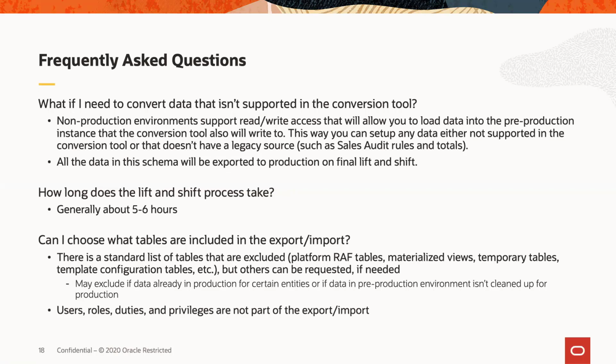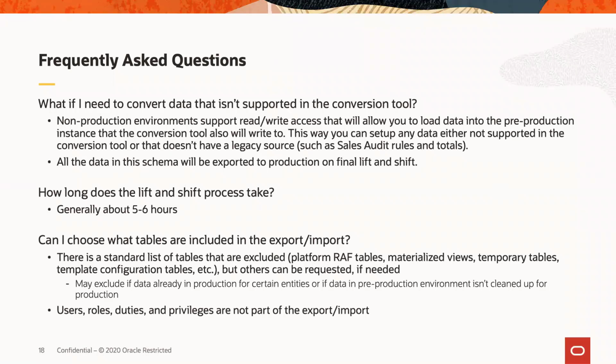But other things can be requested. For example, we've had some customers who have requested to have any RISA rules and totals that they've set up in pre-prod not be migrated as part of the lift and shift. And that happens in a separate process. So that is something that you can work out with the cloud operations team.